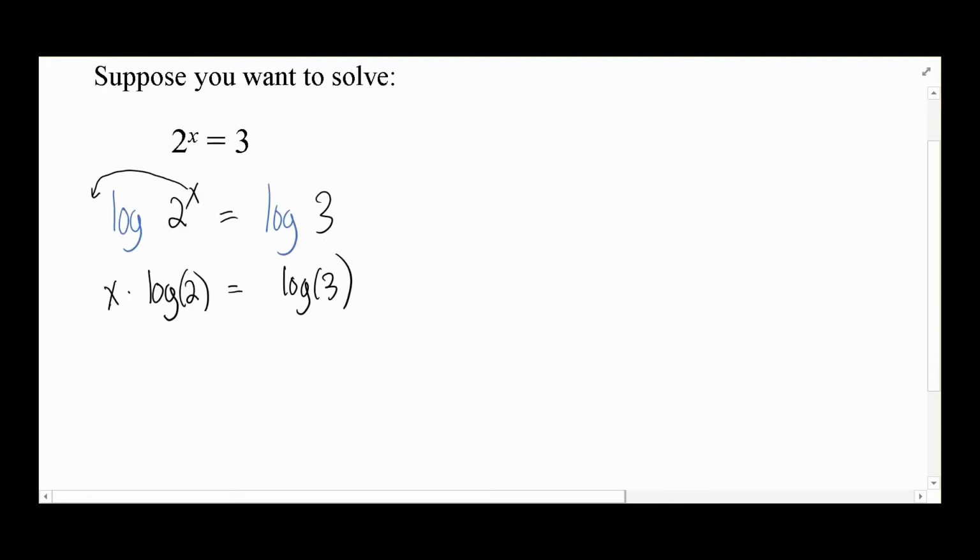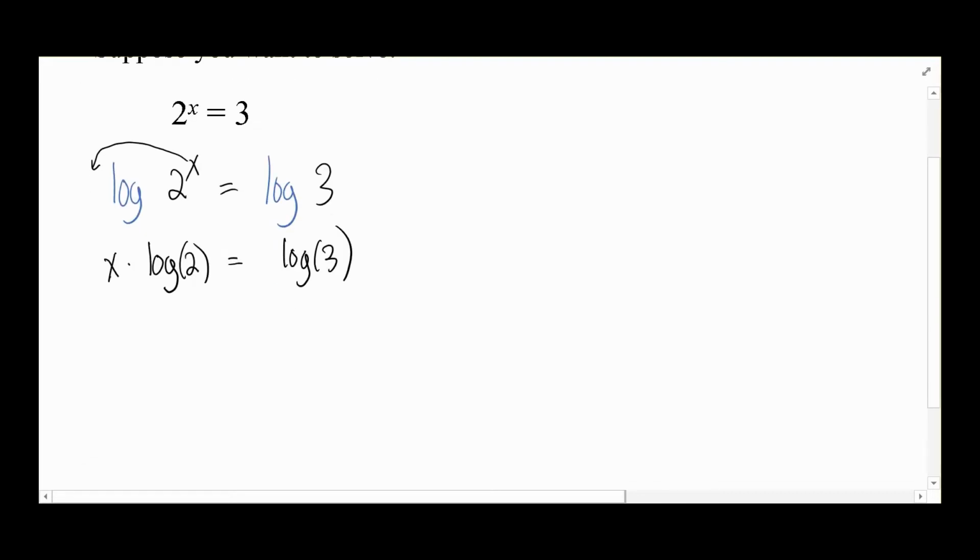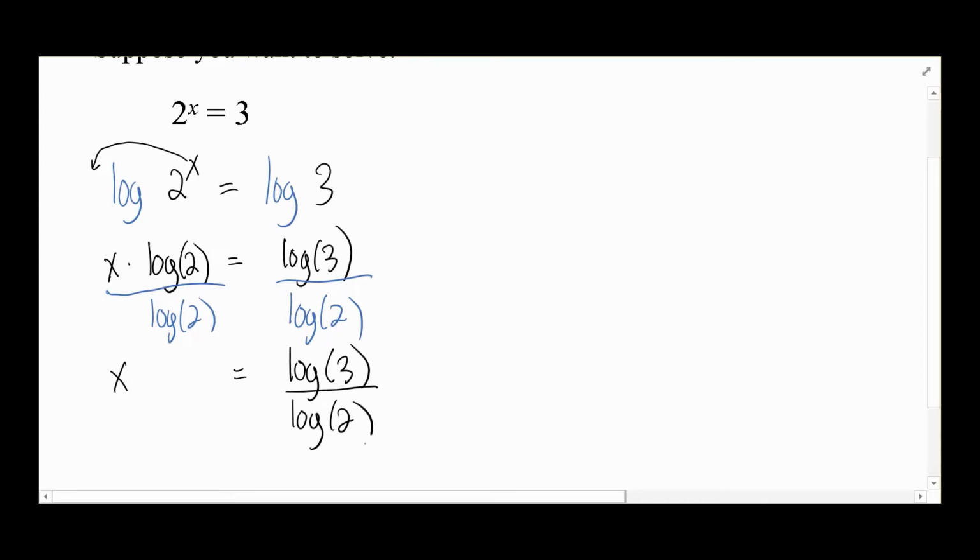And now that I have log of 2 times x, I can undo that multiplication with division. This is typically how we prefer to solve these equations, because oftentimes we do want an approximate solution, so we do want to put it in the calculator.